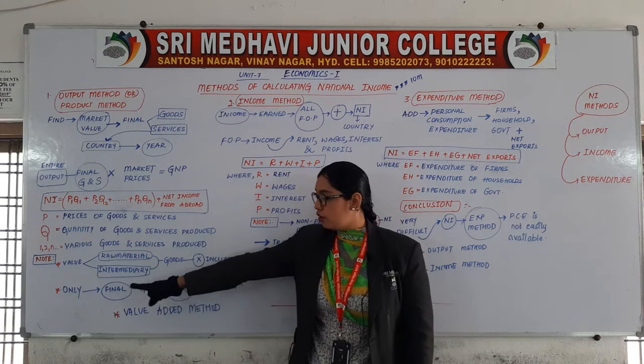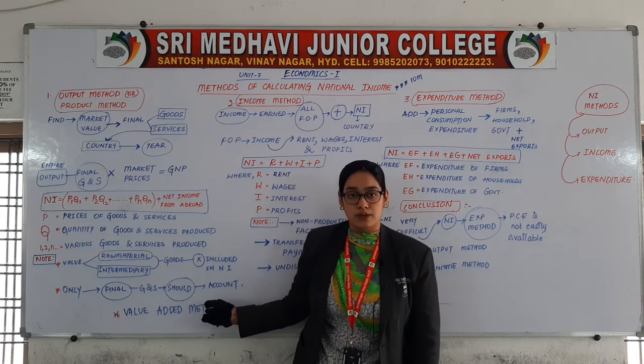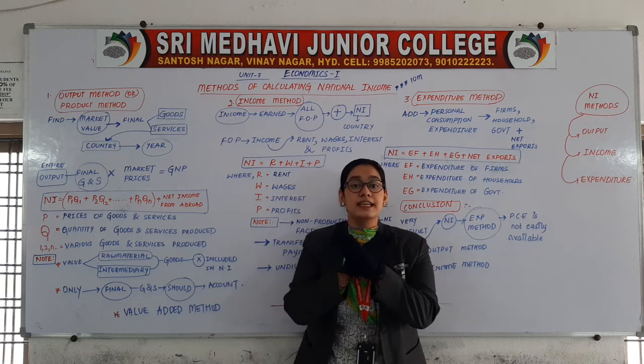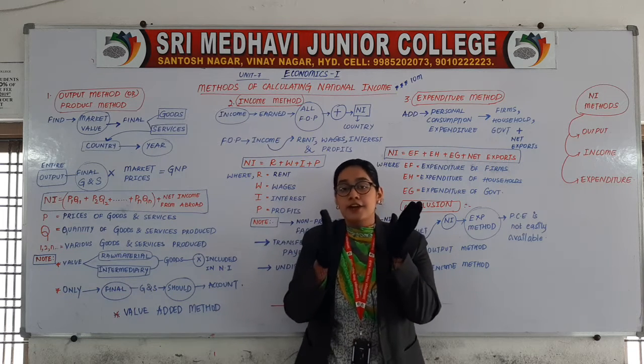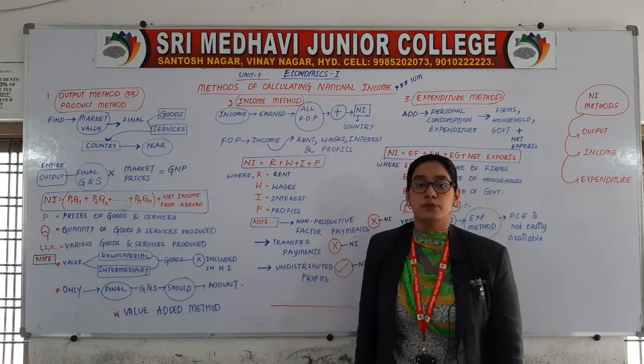Alright. Next, only final goods and services should be taken into account. We should not take any raw material, we should not take any intermediary goods, but we should only take final goods and services. This is all about the output method.